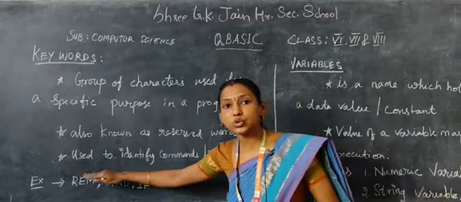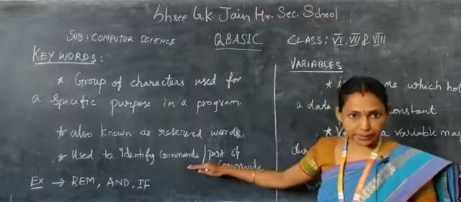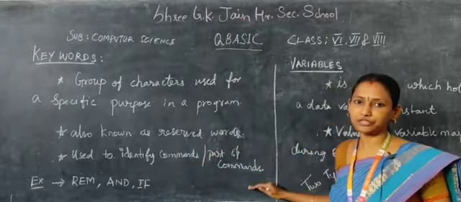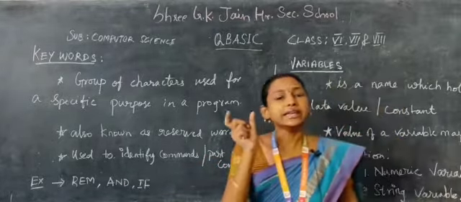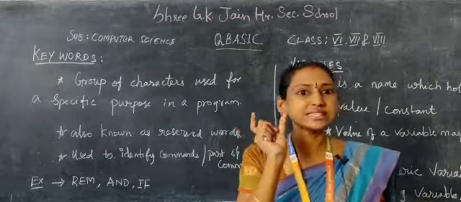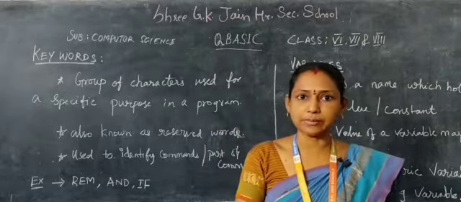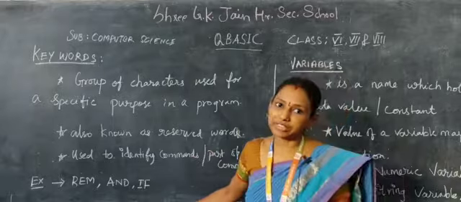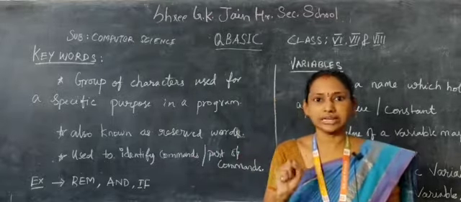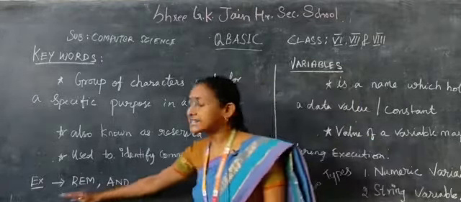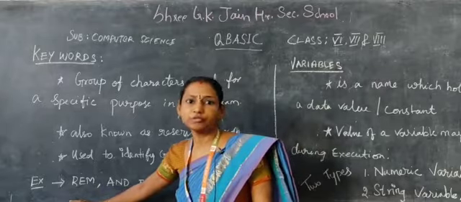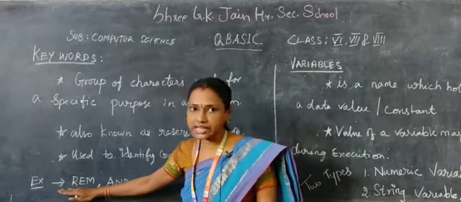It is used to identify a command or part of a command. Everything in the QBasic program is known as commands, so a keyword may be a part of the command or the full command also. See, this is an example of keywords. REM.